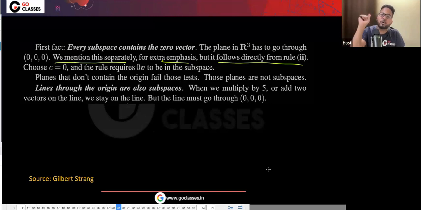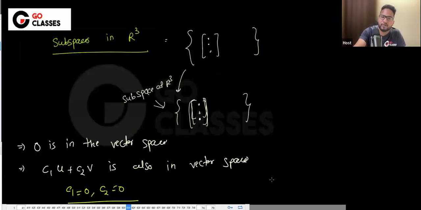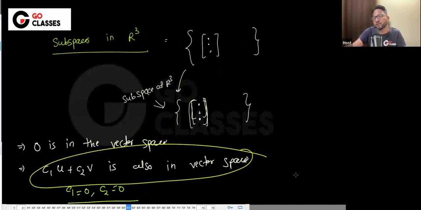It is just for emphasis that I am saying 0 has to be in the vector space. But if I just say that any linear combination has to be in the vector space, then it also covers 0. For extra emphasis we might say that 0 has to be in the vector space, but the second rule also covers that.